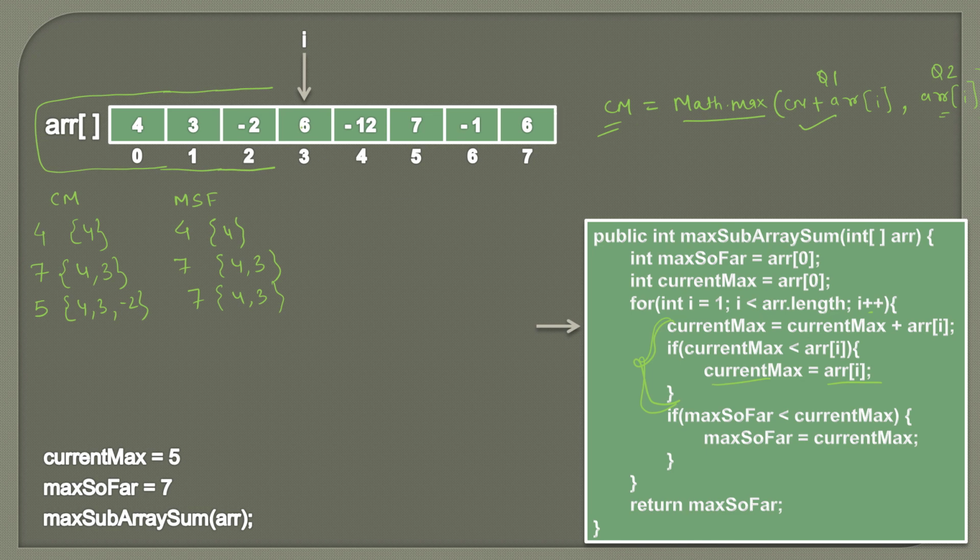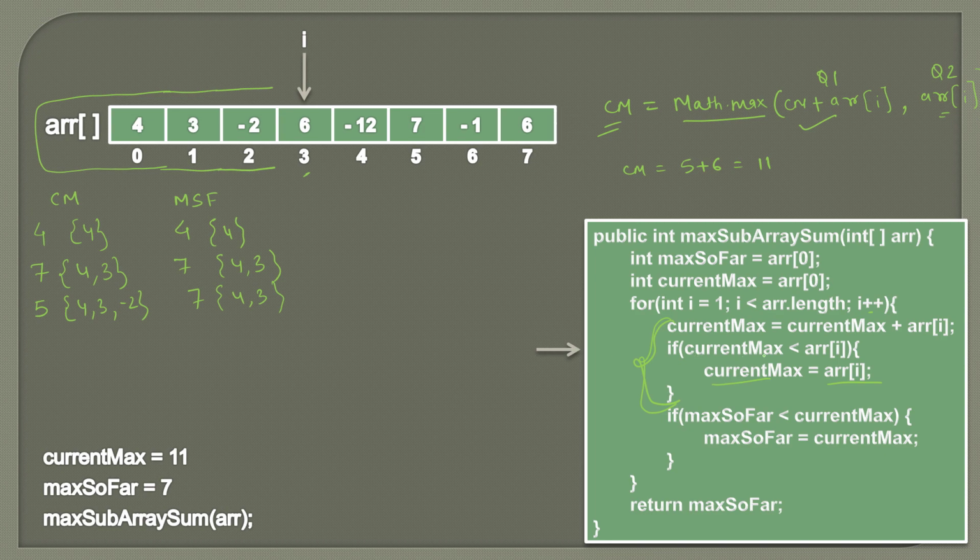So now the value at the ith index is 6. So we simply assign 5 plus 6, which is 11, to current max. So current max becomes 11.